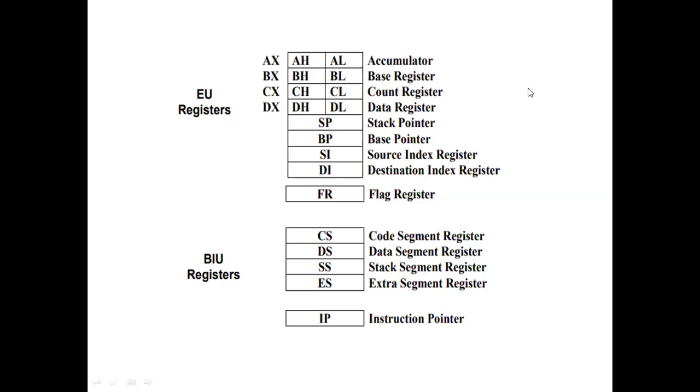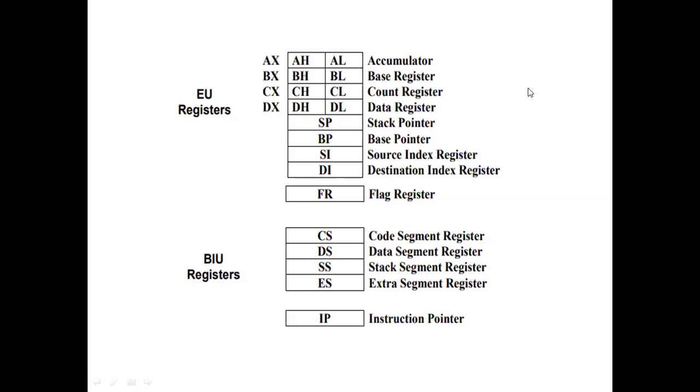The code segment register is used for addressing a memory location in the code segment of the memory where the executable program is stored. Code segment means the register that holds the initial memory location where the program will be stored, the addressing of the memory location in the code segment of the memory.